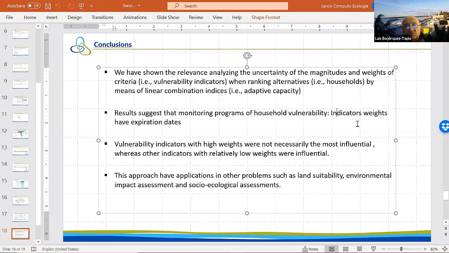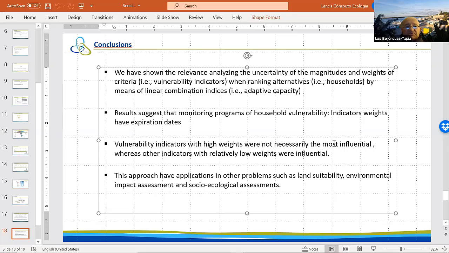I mean, we're aggregating too much. This seems obvious, but at least we have presented some empirical evidence in this respect. And importantly, vulnerability indicators with high weights are not necessarily the most influential. Other indicators with lower relative weights are more influential than the ones that have the highest weight.